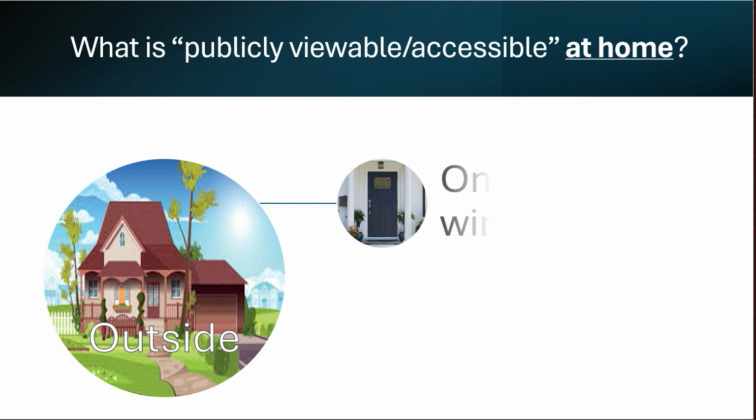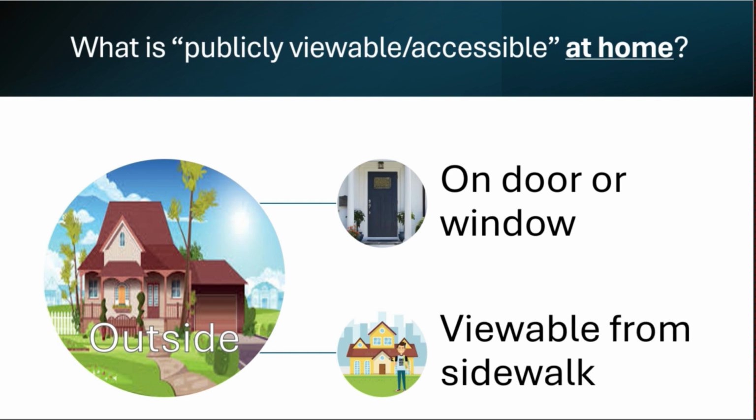This is going to be most likely on a door or window, and it should be in a location that is viewable from the sidewalk. If you have a fence or gate that blocks your front door, you might post the agenda on that fence or gate. It needs to be facing out toward the public access up to your house, so something that can be viewed from the sidewalk.